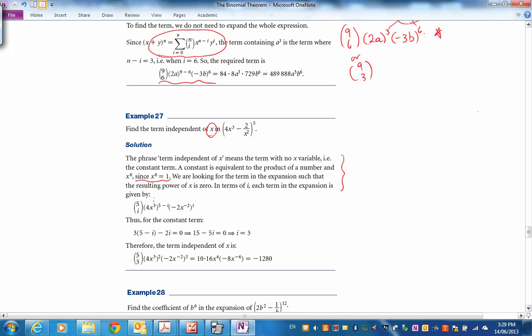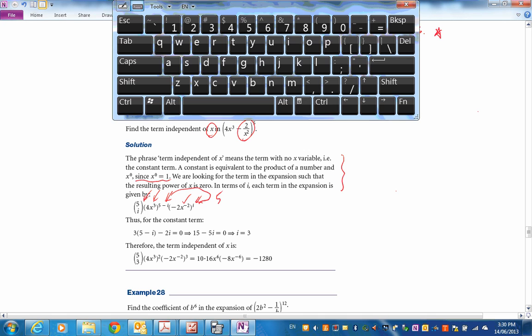So the first one is 4x cubed, and let's say it's to the 5 take i, and neg 2x squared, which is this thing here, is to the i. So the sum of these, remember, has to equal 5. So if we say let this one be i, then this one is 5 take i. Remember, we don't know what this term is, and then it's C5 i.